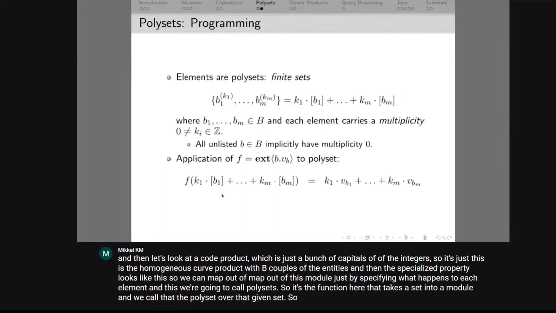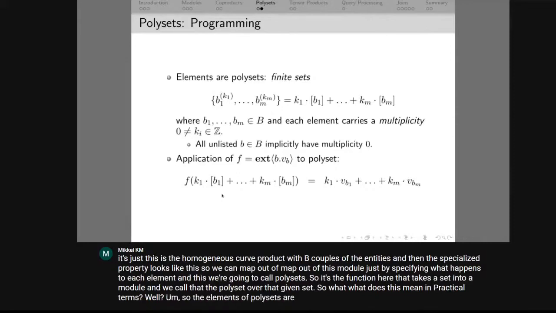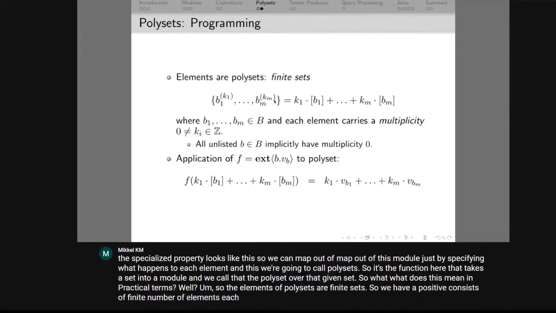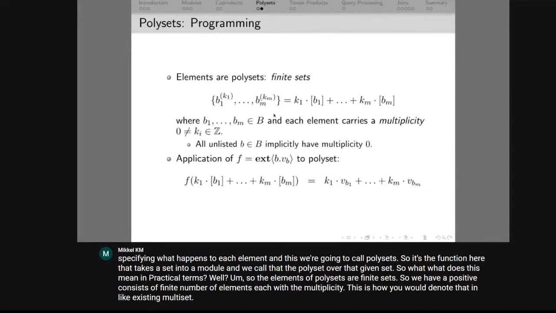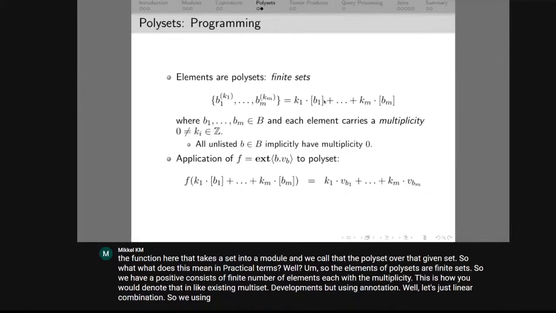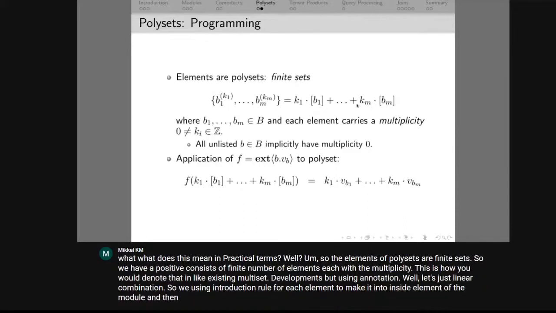So what does this mean in practical terms? Well, the elements of polysets are finite sets. So a polyset consists of a finite number of elements, each with a multiplicity. This is how you would denote that in existing multiset developments. But using annotation, well, that's just the linear combination. So we're using the introduction rule for each element to make it into an element of the module, and then we just multiply, right?